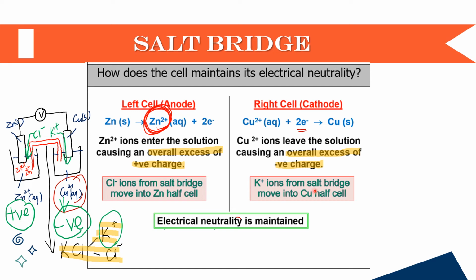So K plus ions from the salt bridge move into the copper half cell to maintain its electrical neutrality. That's why even though the reaction keeps on occurring, the electrical charge is still maintained. The half cell is not too positive and not too negative. It is neutral.